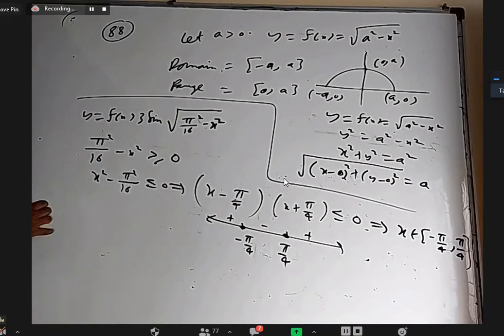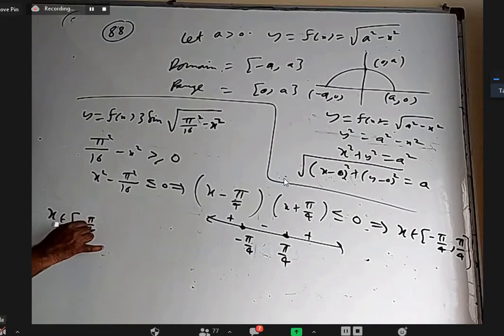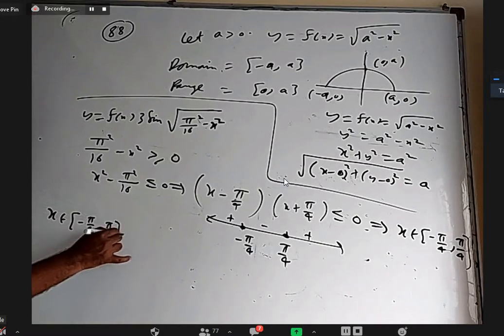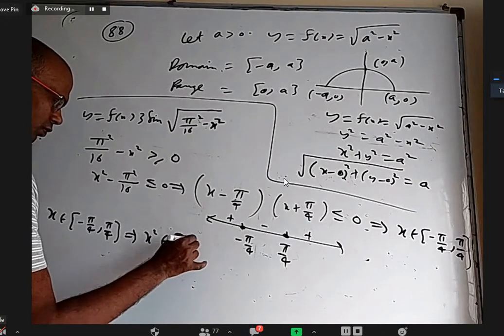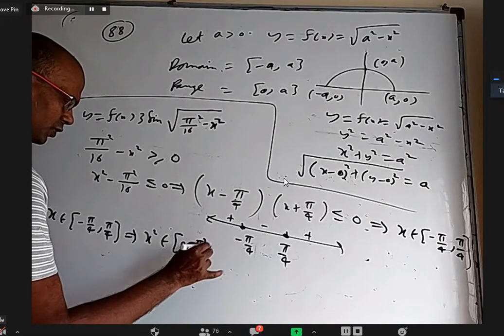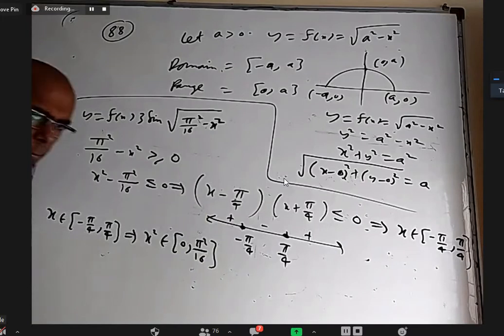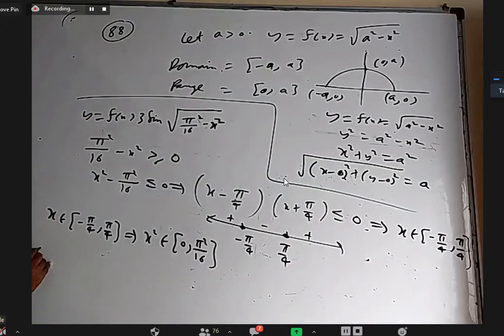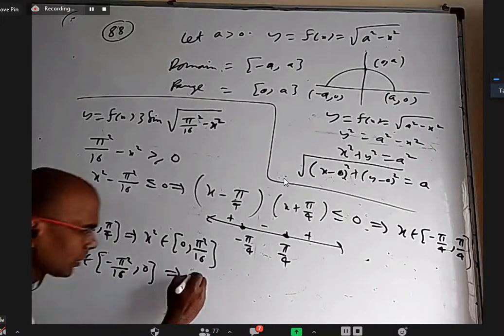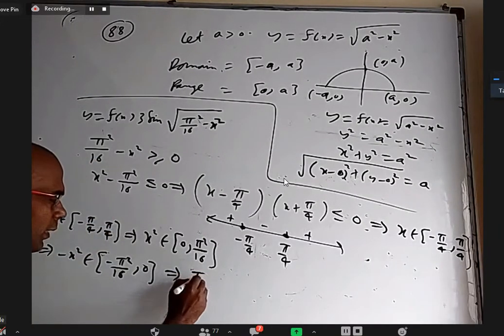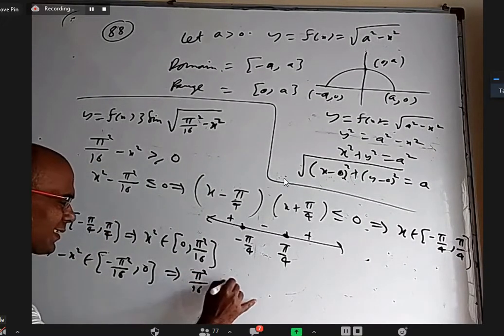Coming to the range, x belongs to minus pi by 4 to pi by 4 implies x square belongs to 0 to pi square by 16. That implies minus x square belongs to minus pi square by 16 to 0. And I take pi square by 16 minus x square.